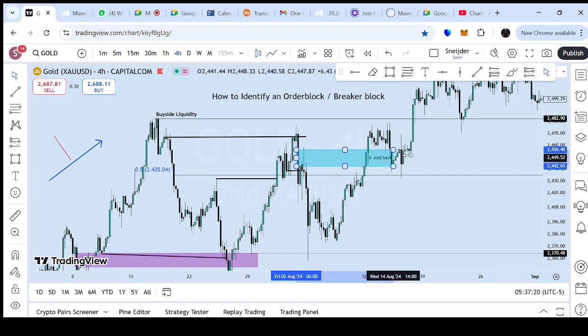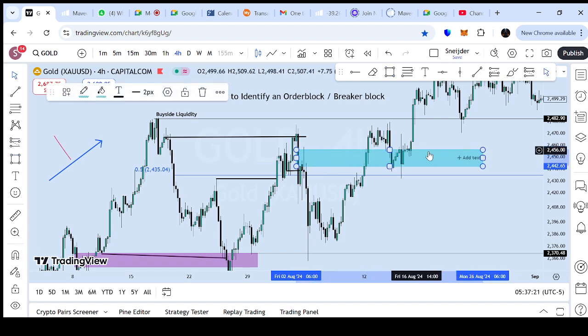Then you drag it to your right side because it's going to serve a purpose in the future. You can see the purpose here: it is now acting as an inversion because price has violated it. It acted as a resistance here.